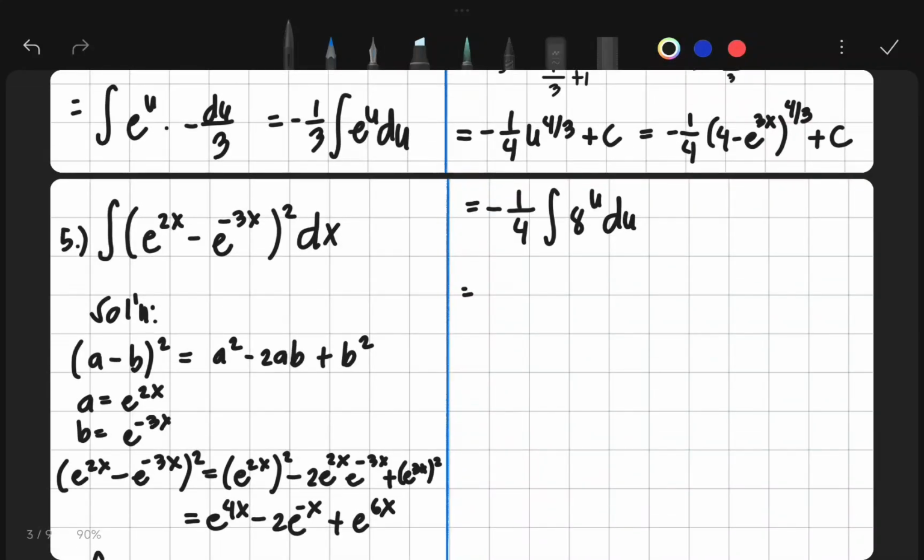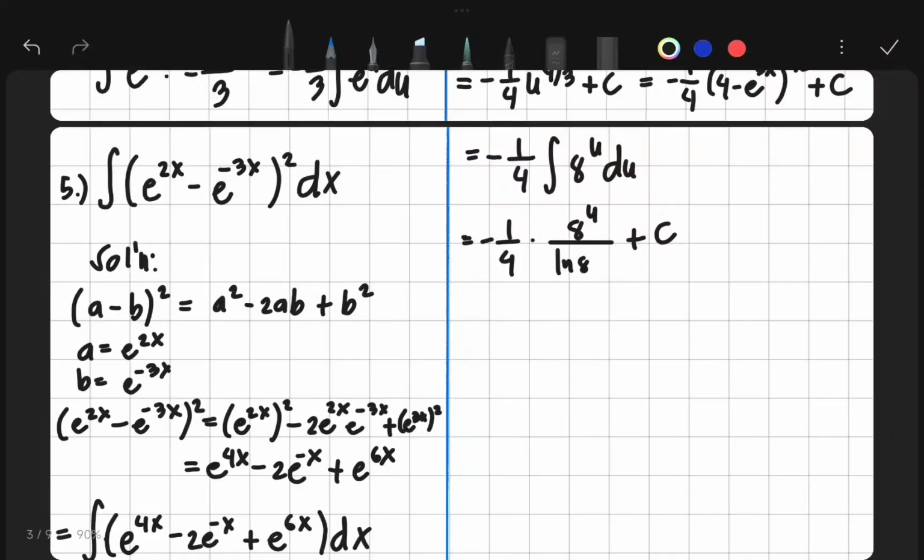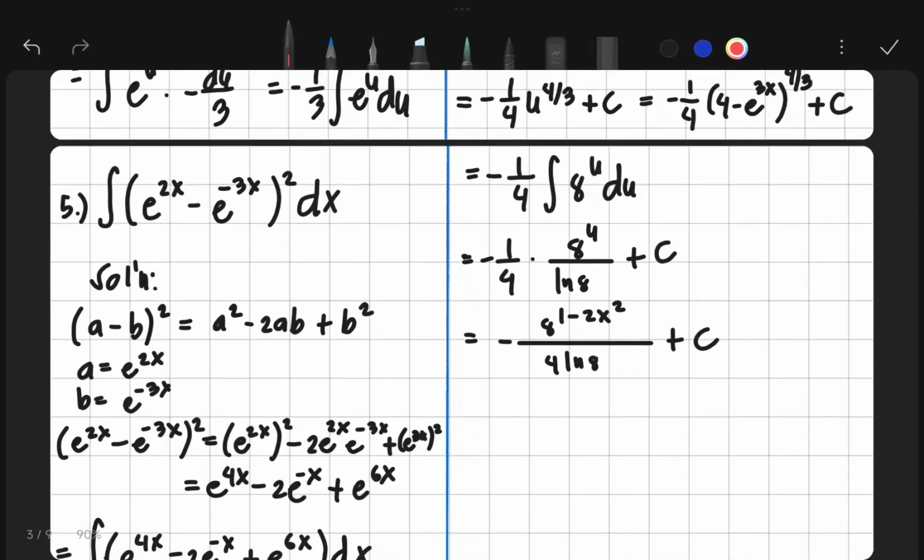The integral of this is simply equal to negative 1/4 times 8 raised to u over ln of 8 plus c. And after, we just need to bring back the u in terms of x, which will be equal to 8 raised to 1 minus 2x squared over 4 ln of 8, and then plus c. So this is now our final answer.